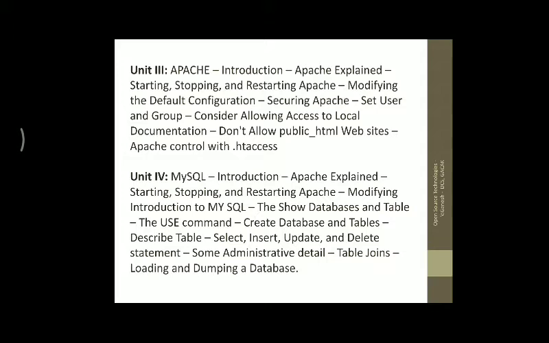The last thing, don't allow public underscore HTML websites. Some of the root folders are available in the Apache web server. Based on the restrictions, we can allow the root folders. So that is the control. These all things are available in the .htaccess file. So the configuration file, based on this we can control the Apache web server.